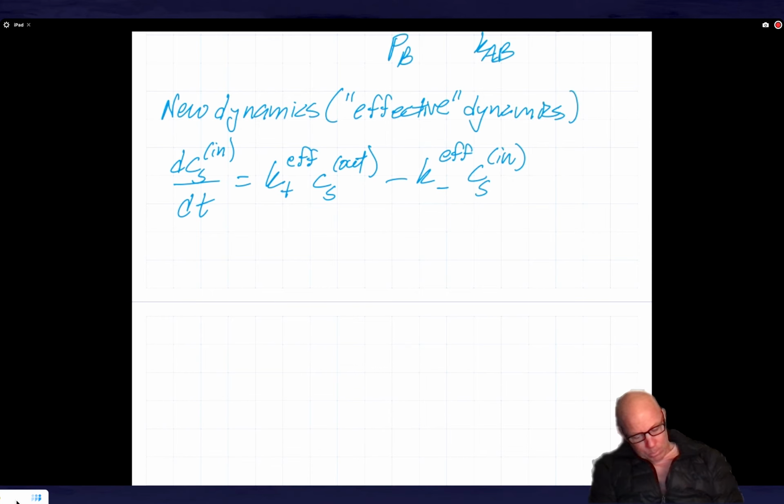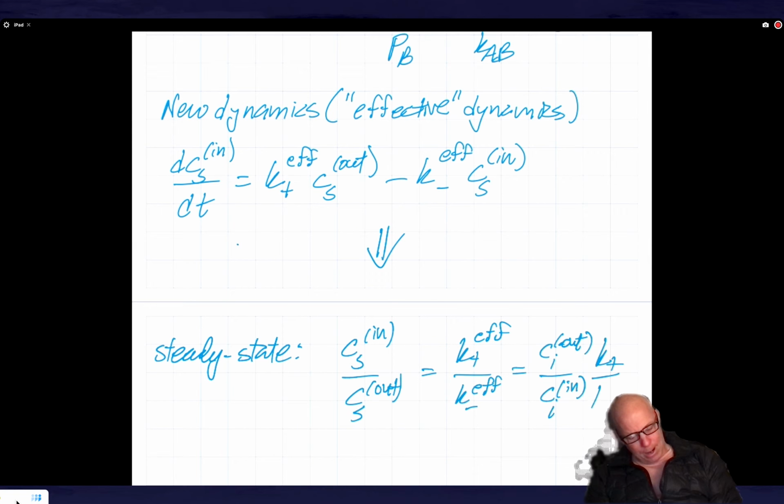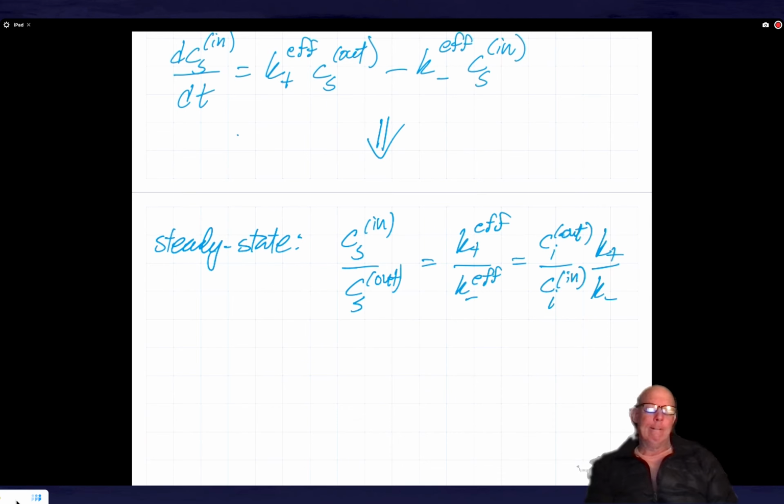So we know that in the steady state situation, we have that c_s in over c_s out is equal to k plus effective over k minus effective, which is equal to, now this is the fun part, c_ion out over c_ion in times k plus bare over k minus bare, where bare refers to the original reaction.